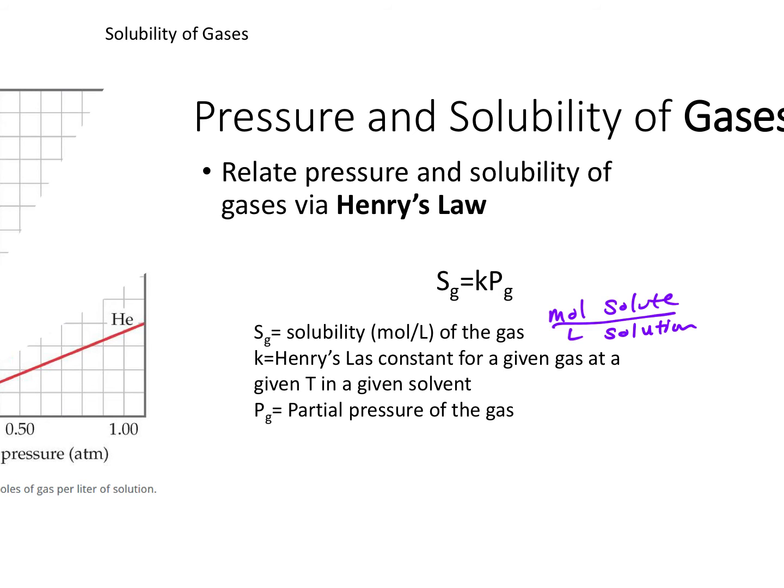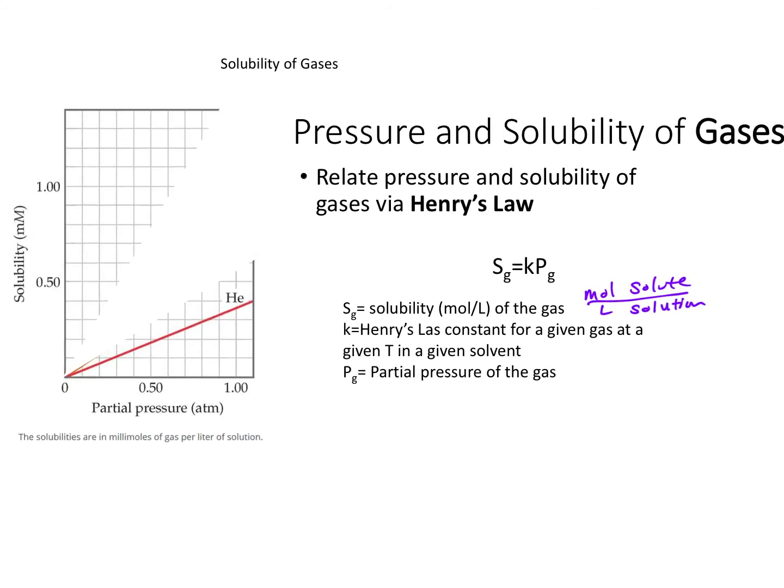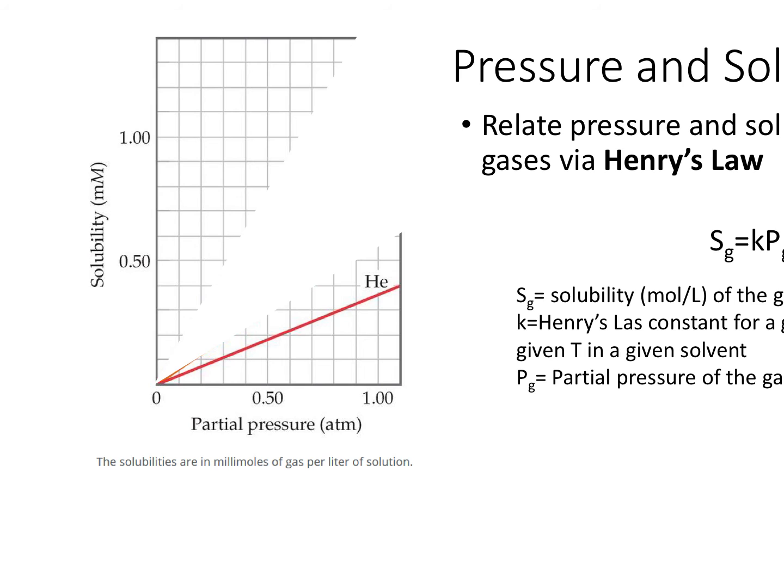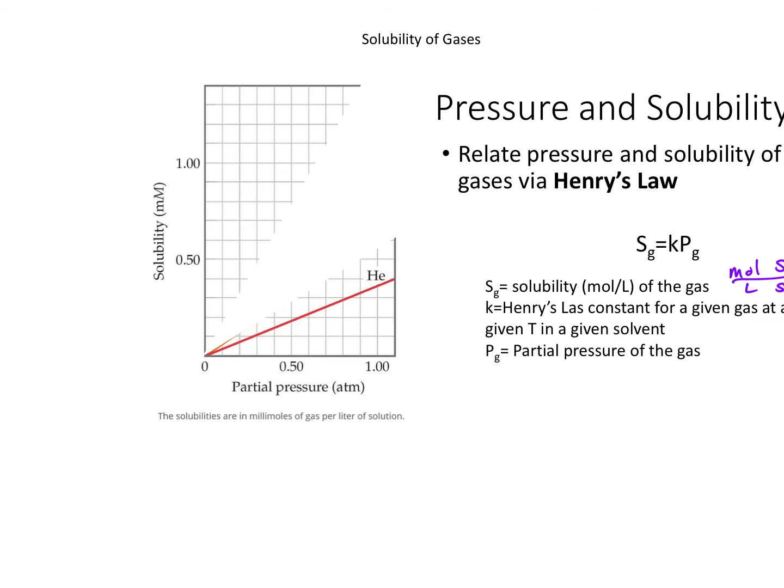So those three things matter. You change the solvent, the constant's going to change. You change the temperature, the constant changes. But for gases, we can see a linear relationship between the solubility and the partial pressure. All right, that's essentially what this equation is showing.